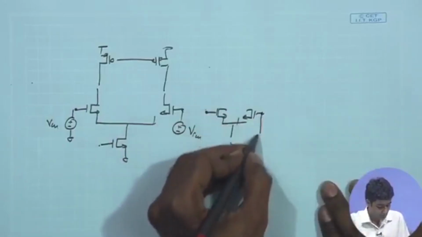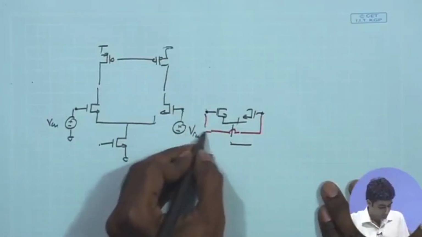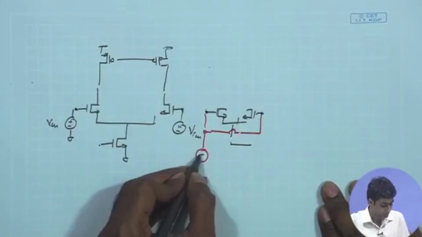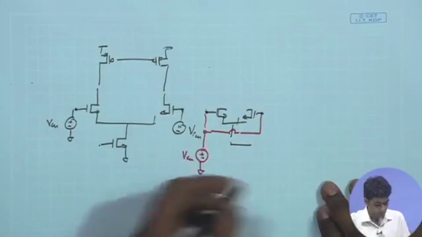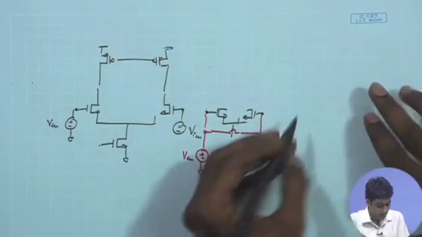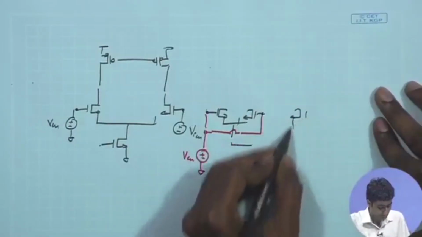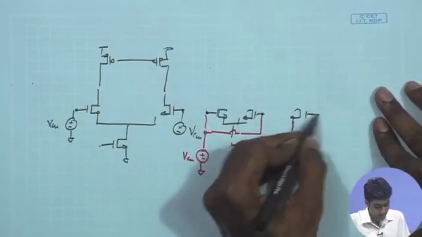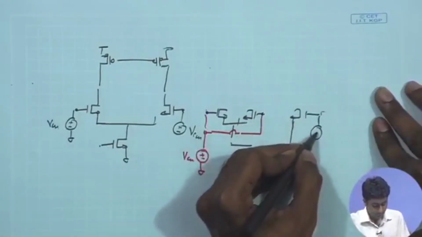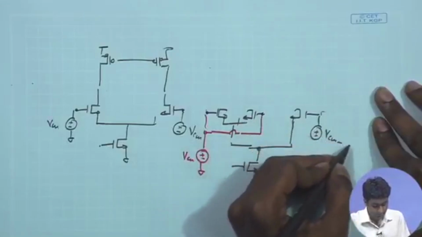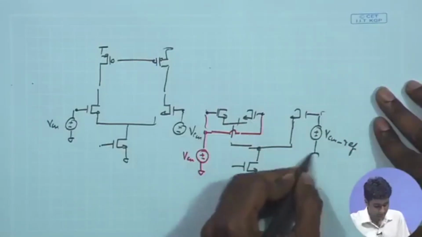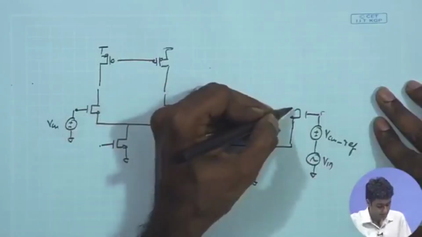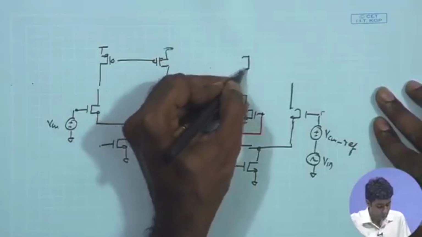So, I will connect these two with the same DC level that I was expecting, VCM, and then at the other input I have the VCM ref applied, which is equal to the expected VCM. So, this is the DC potential, and then you apply the Vin for testing over here, and then complete the loop.